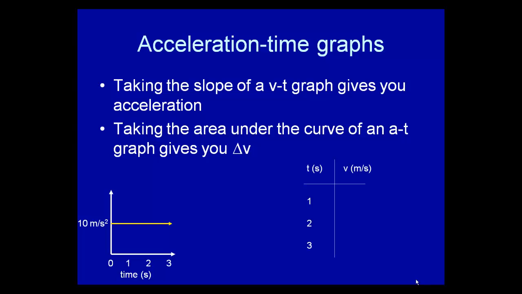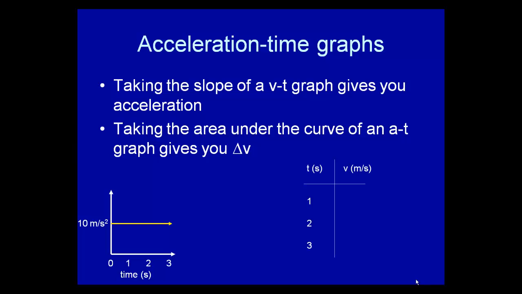Now, if you take the slope of a velocity time graph, it will give you the acceleration. The area under the acceleration time graph will give you delta V. So if I look at this 10 meters per second squared, gravity, and I'm considering it to be a positive value, if I take the slope of that velocity time graph, that's not a velocity time graph, excuse me.